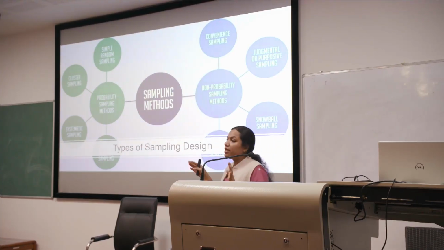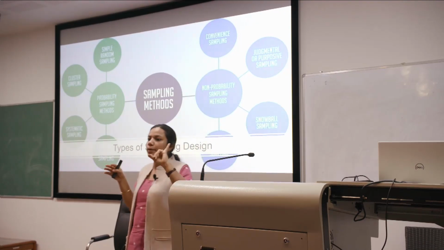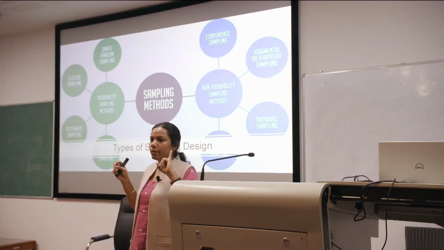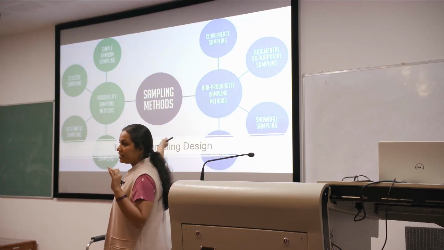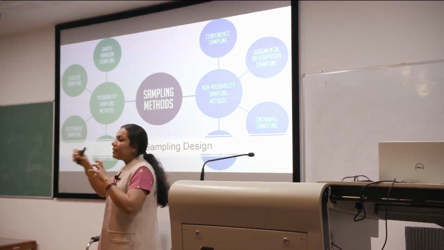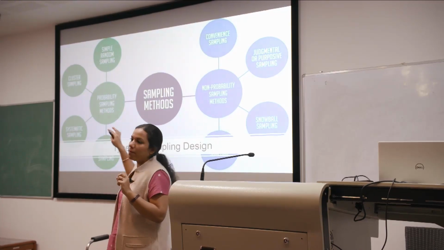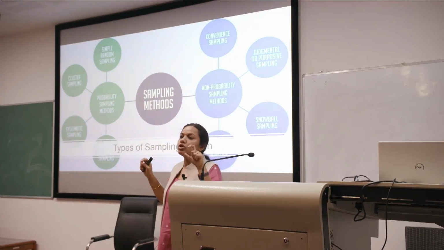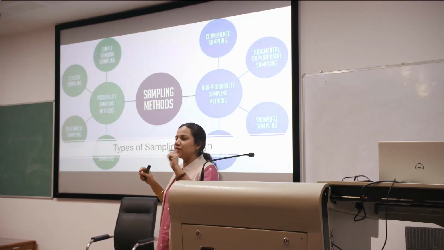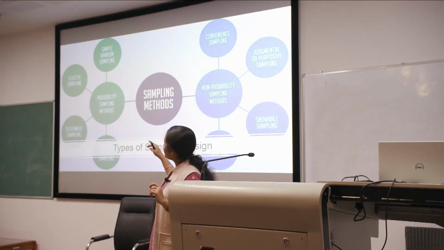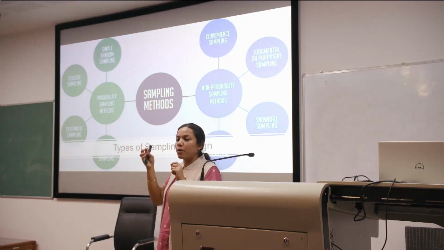You can majorly categorize them into two: probability sampling methods and non-probability sampling methods. Simple random selection comes under probability. Stratified also comes under it. I can share those slides, no need to write, just listen, okay. Then the systematic way is also probability.